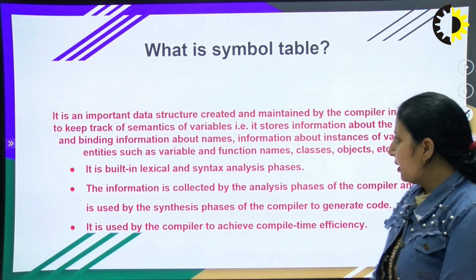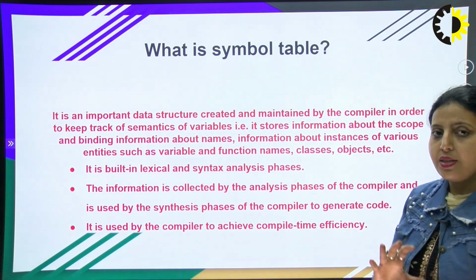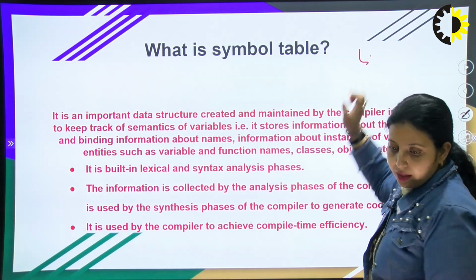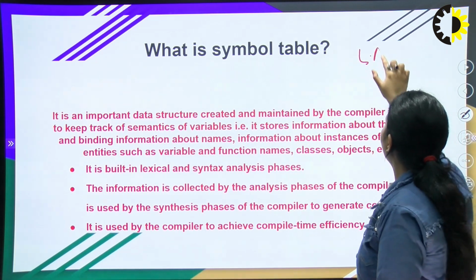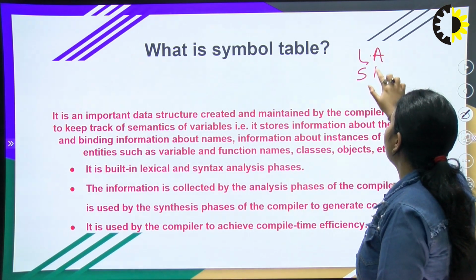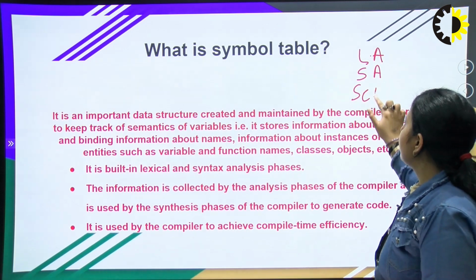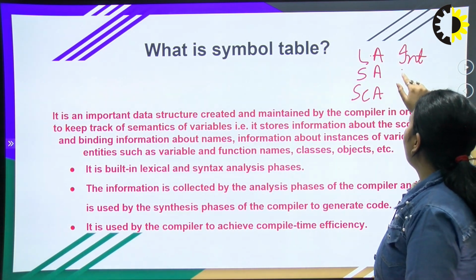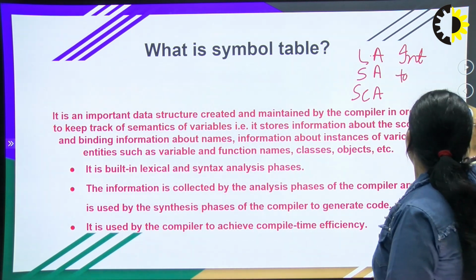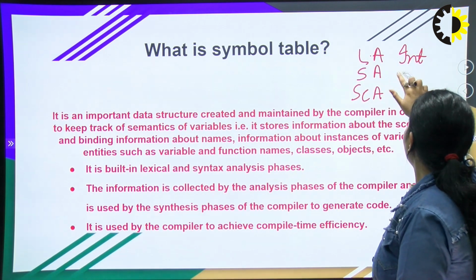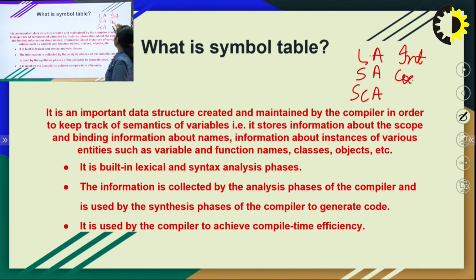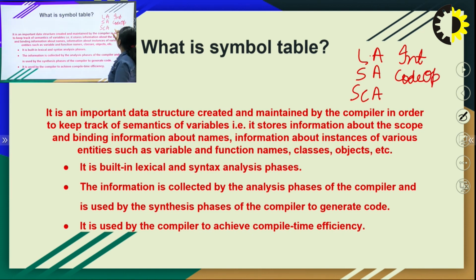As we know, there are basically 6 phases in the compiler design. That is the lexical analysis phase, syntax analysis phase, semantic analysis phase, intermediate code generator, code optimization, and the last one is the code generator.